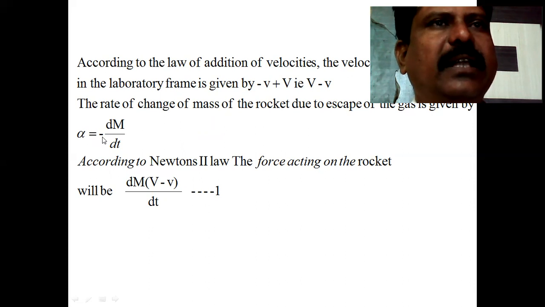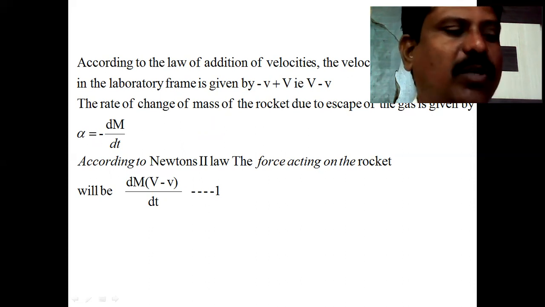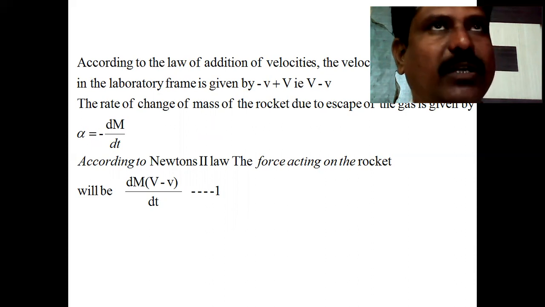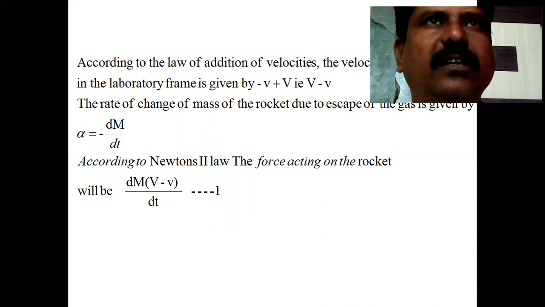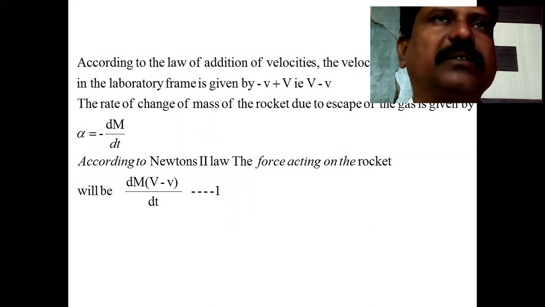Here the negative sign indicates that as time passes, the mass of the rocket decreases, because due to burning of the fuel, the amount of fuel in the rocket goes on decreasing.